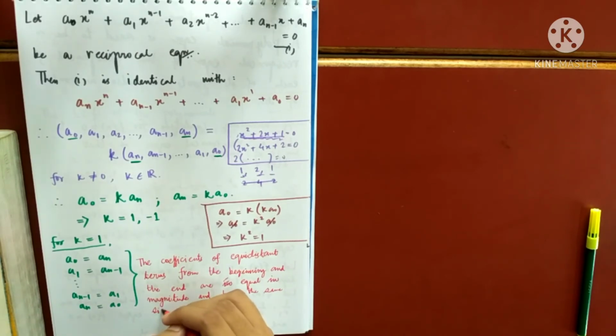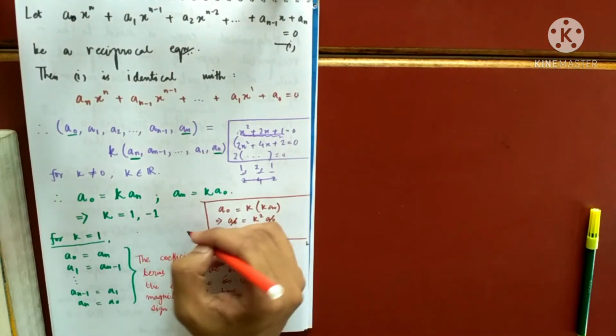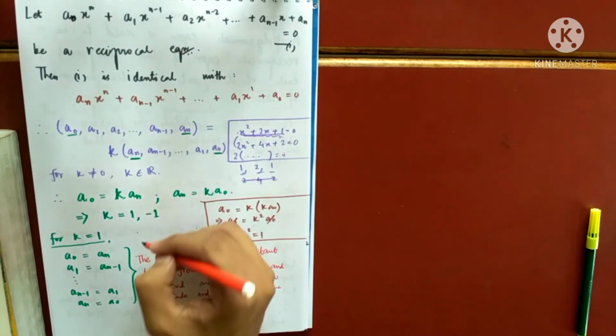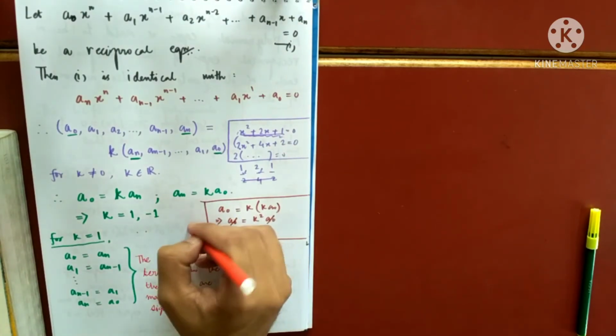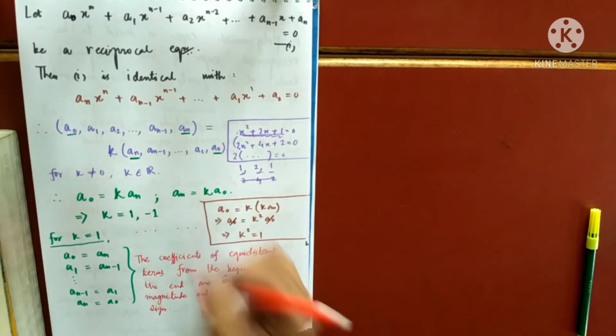That means the first one is the same as the last coefficient. So this is what I have written here. The first coefficient is the same as the last coefficient. The second coefficient is the same as the second last coefficient. The third coefficient is the same as the third last coefficient.